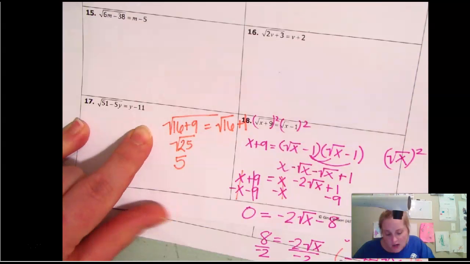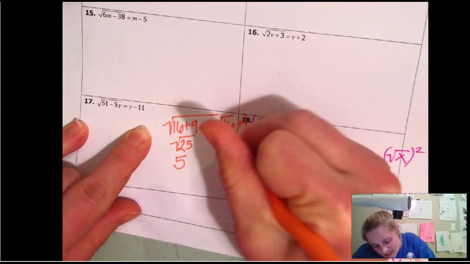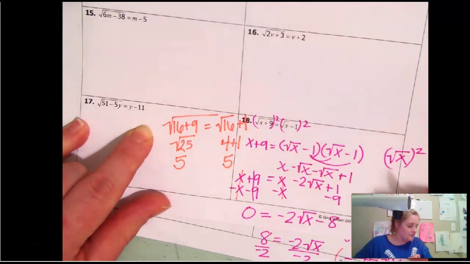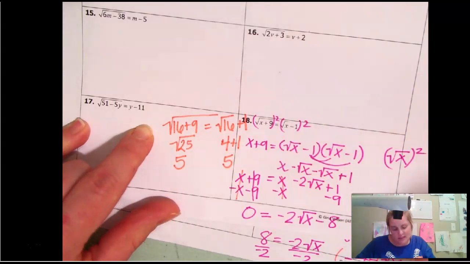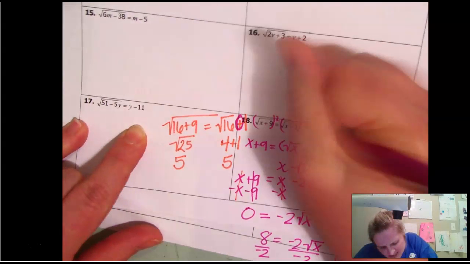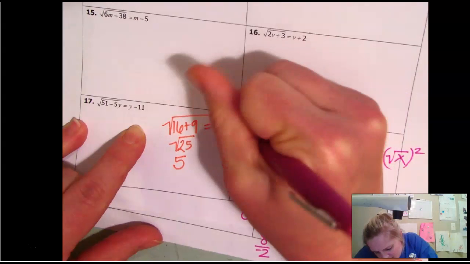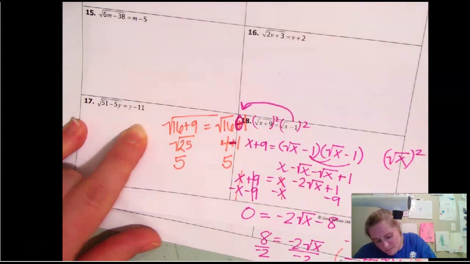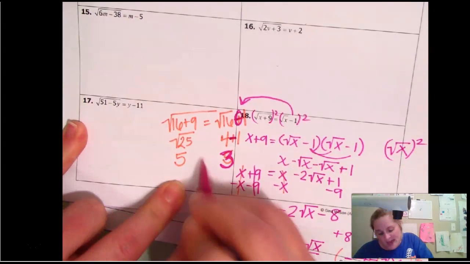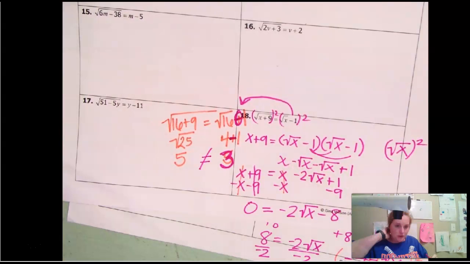So that's great. The square root of 16 is 4. 4 plus 1 is 5. Did I write this down? Oh, okay, because I was like, she said no solution. This is supposed to be minus. So 4 minus 1 is 3. So that is not going to work, so no solution.